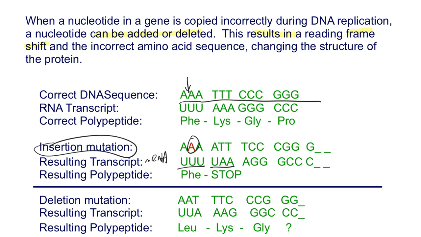This one was changed. This one was changed. This one was changed. So we got everything messed up probably until we get to the end. Now, this is called a nonsense mutation, not missense. When it stops, the protein just doesn't form because you get a stop codon. The protein should be finished.